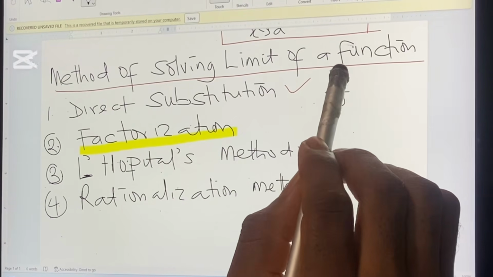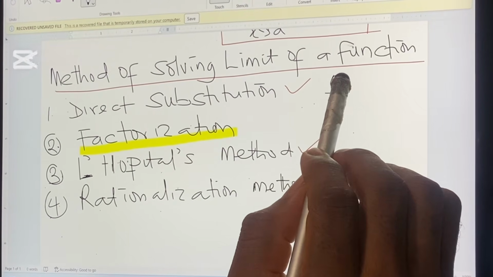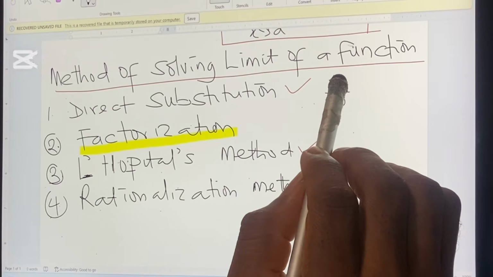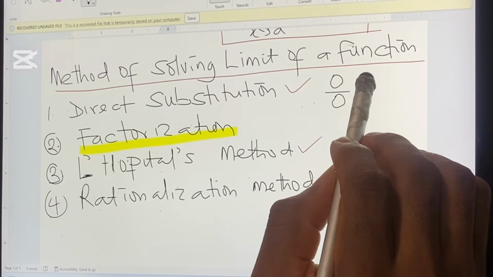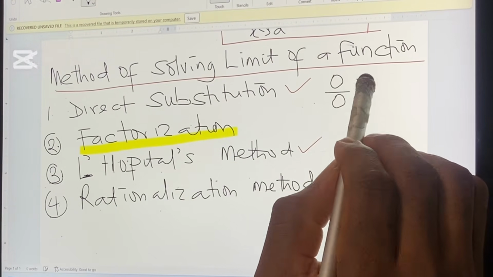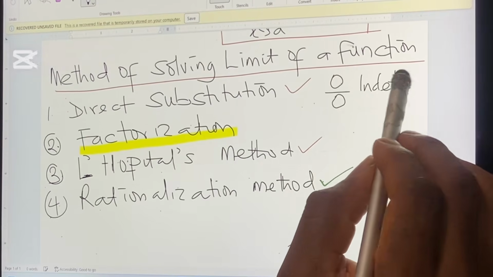Please take note. If you replace the value of s and you have the value to be 0 at numerator and 0 at denominator, we call this particular limit indeterminate limit.